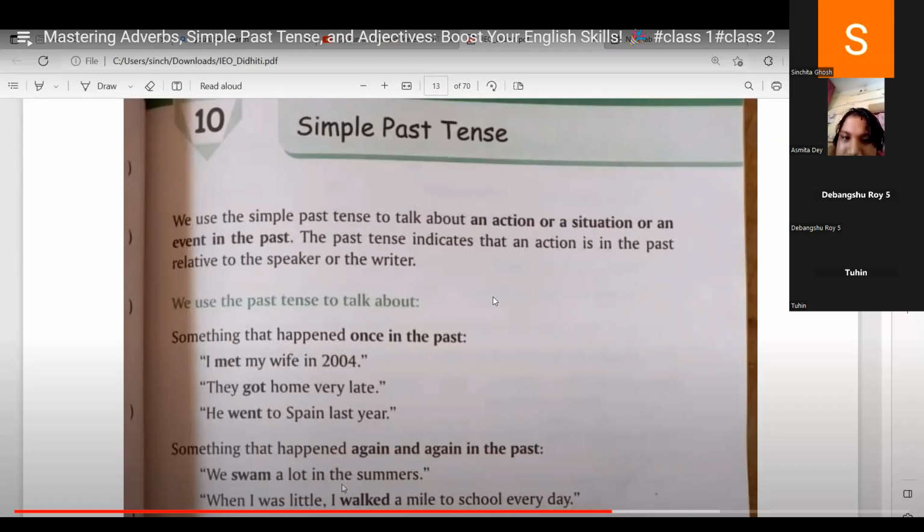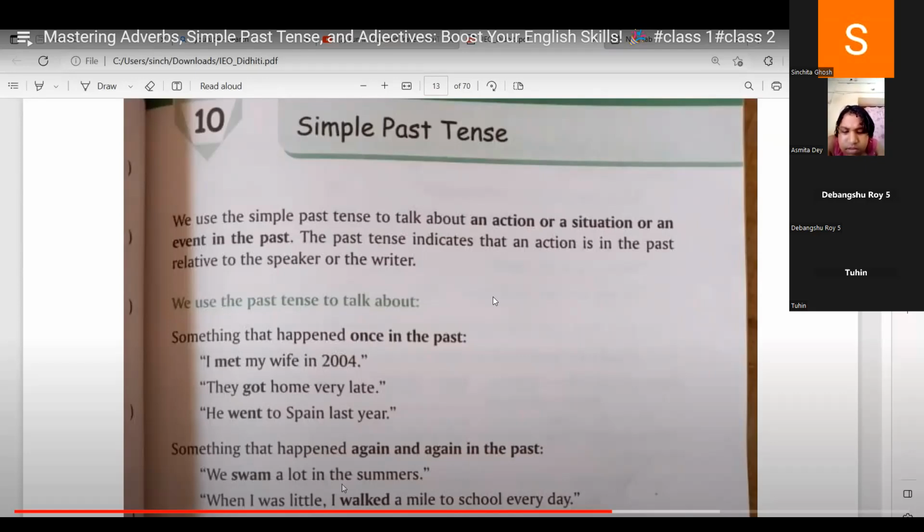Now, Debangshu, can you give me any example of your own about the simple past tense? Yes, ma'am. Ram is a good boy. Ma'am, before Ram is a bad boy. No. Naughty boy.